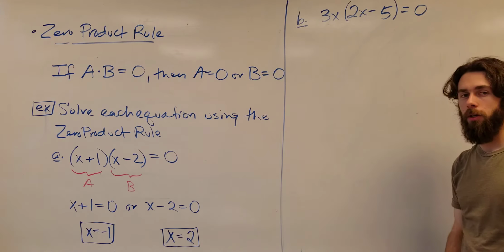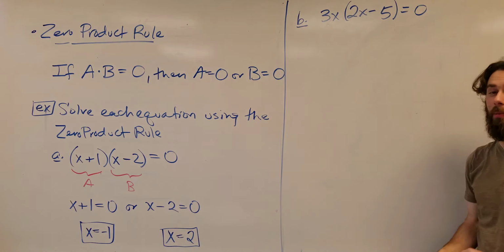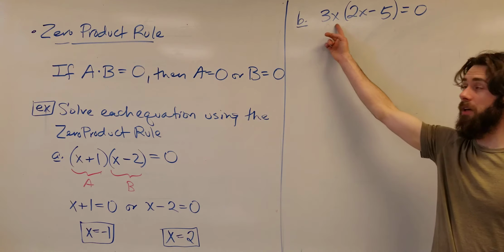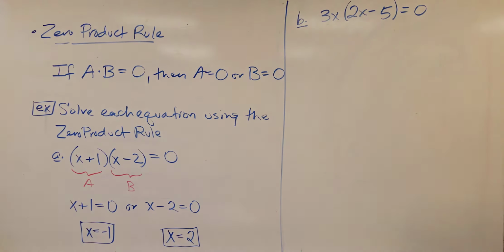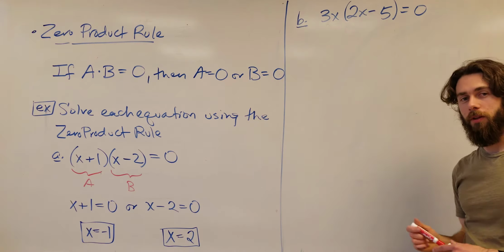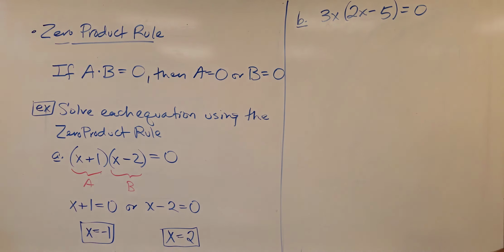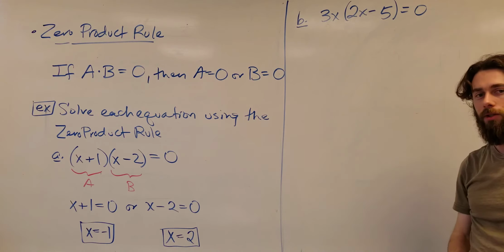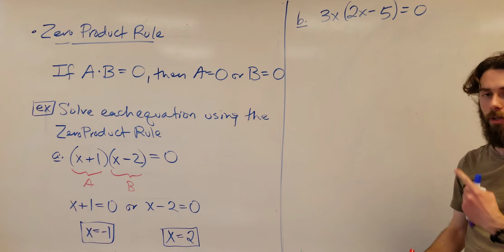Okay, so this kind of looks like a situation where maybe we factored out a GCF, and it was just 3x. But we can still use the zero product rule on this one as well. So generally when you have the x out here in front, that's going to mean 0 is one of your solutions. Let's see why.